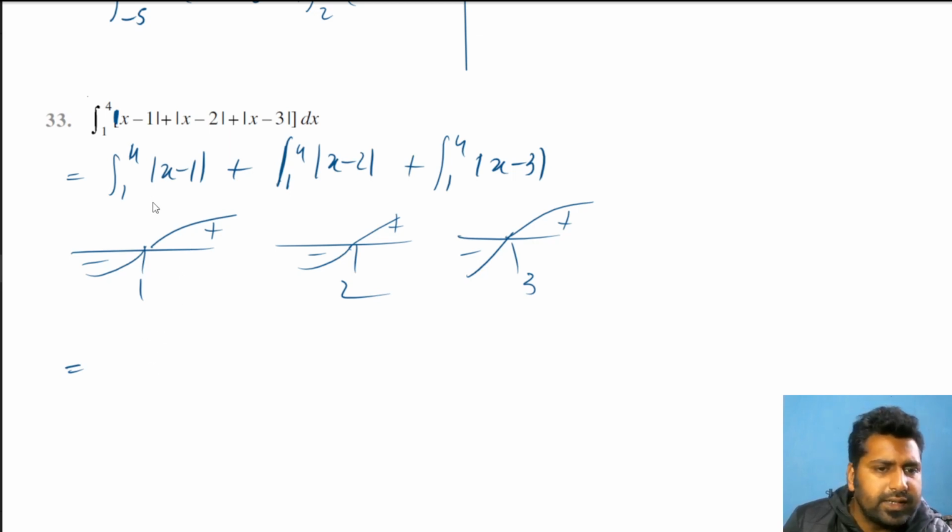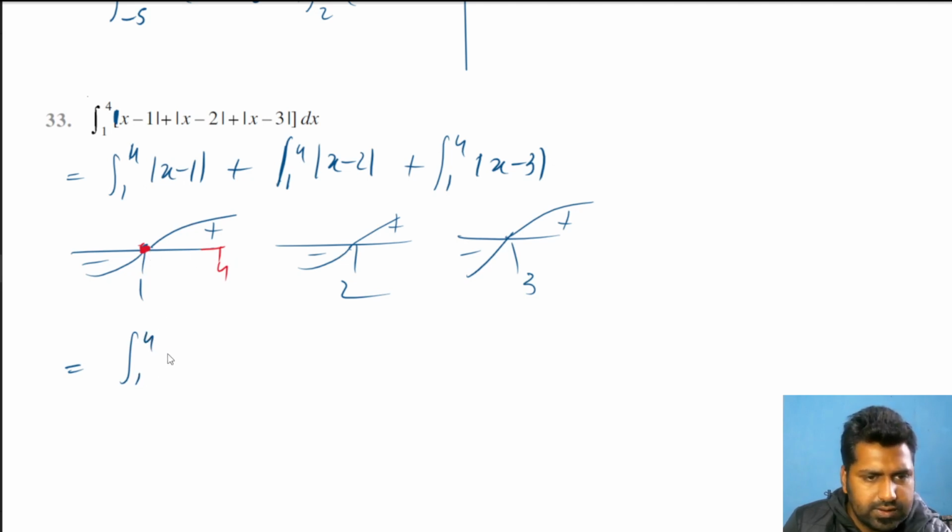Now this integration is already from 1 to 4. So in the interval of 1 to 4, this is behaving positive. So we'll open it also with positive. So not necessarily every time it has to break down in 2 integration, because your limit is itself from 1 to 4.